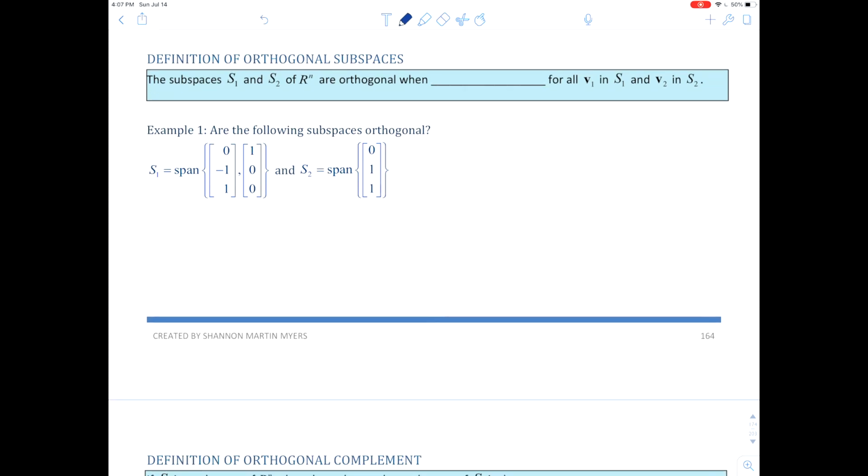So let's start with the definition of orthogonal subspaces. The subspaces S1 and S2 of Rn are orthogonal when the dot product v1 dot v2 is equal to 0 for all v1 in S1 and v2 in S2.